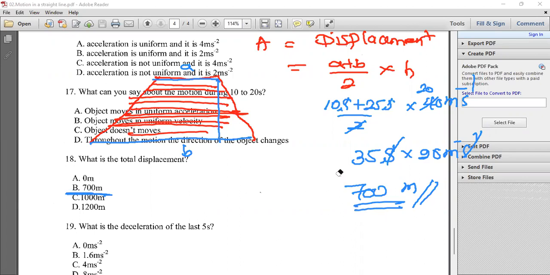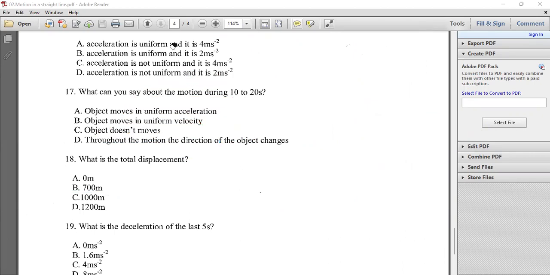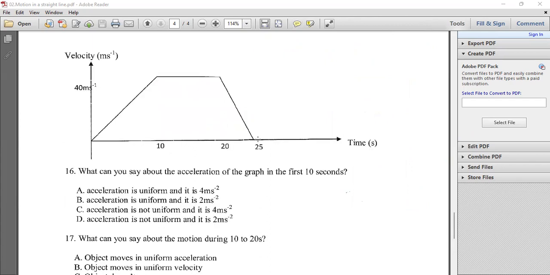19th, what is the deceleration of the object during the last 5 seconds? As you can see, from the 20th second to the 25th second, the velocity of the object at the 20th second is 40 ms minus 1, and at the 25th second the velocity has dropped down to 0 ms minus 1. So then you can find out the deceleration: velocity final minus velocity initial divided by time.